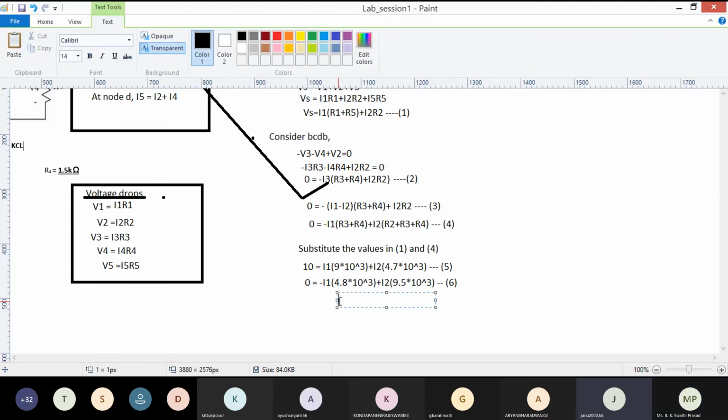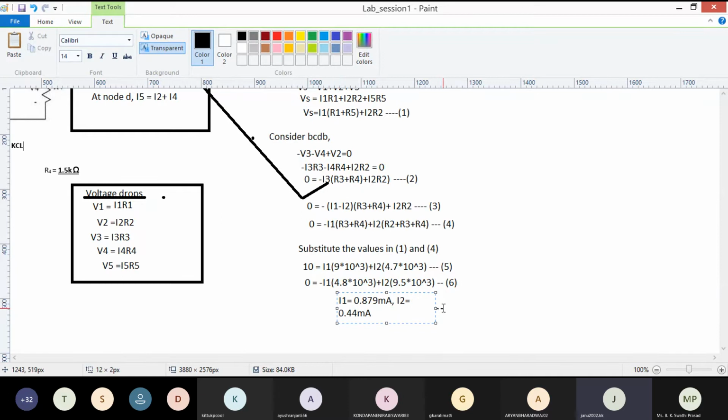Milliamps, correct? Yes, ma'am. I1 is 0.879 milliamperes. I2, what did you get? 0.44 milliamps. Yes.